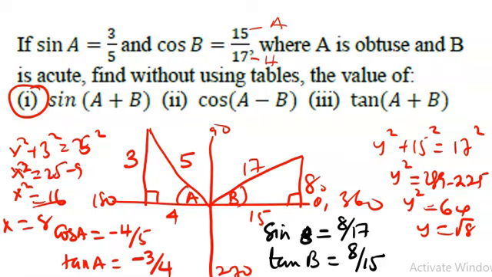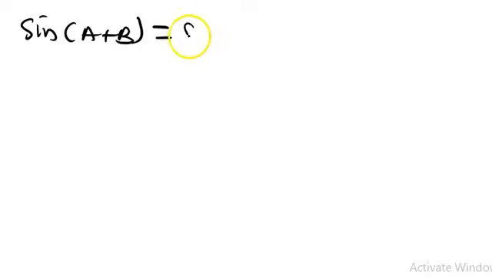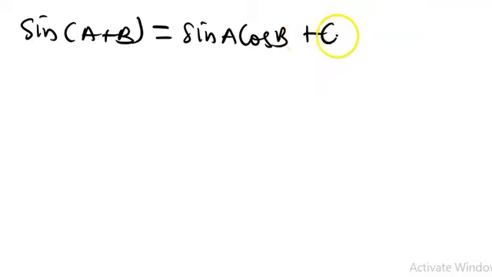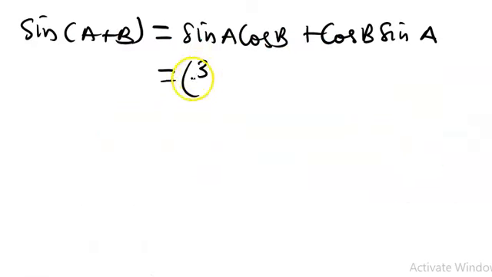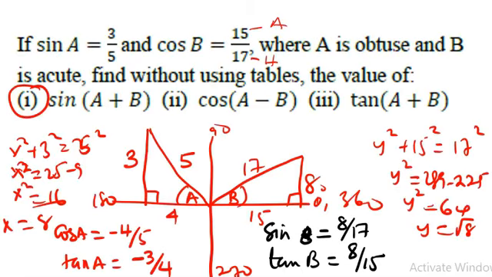Okay, so let's come to finding sine of A plus B. Using the compound angle formula, we have sine A cos B plus cos A sine B. Now sine A, let's go back. What is sine A? Sine A is 3 on 5, so 3 on 5 times cos B. What is cos B?